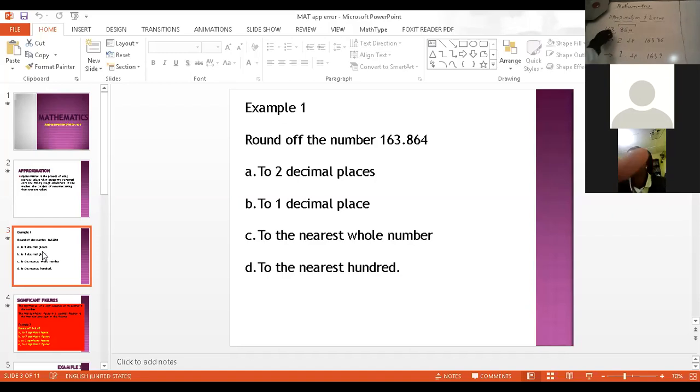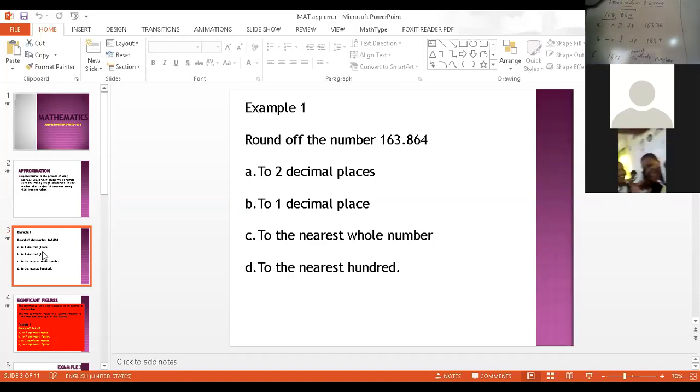Now, the number after the last digit of the whole number is 8, which is greater than 5. That is what you will round, you turn it to 1, and you add it to 3. So you have 164. That is the nearest whole number.